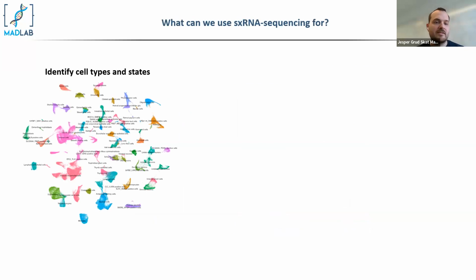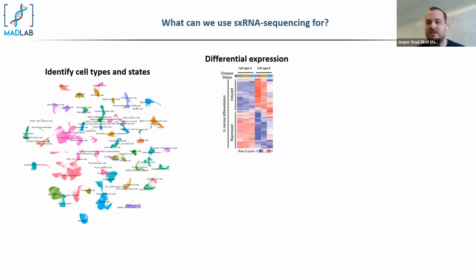First of all, we can identify cell types and states in our samples of interest. But we can also dive deeper into the biology and look for differential expression patterns. Here, for example, it's 2 cell types in 3 disease states where we can compare them.